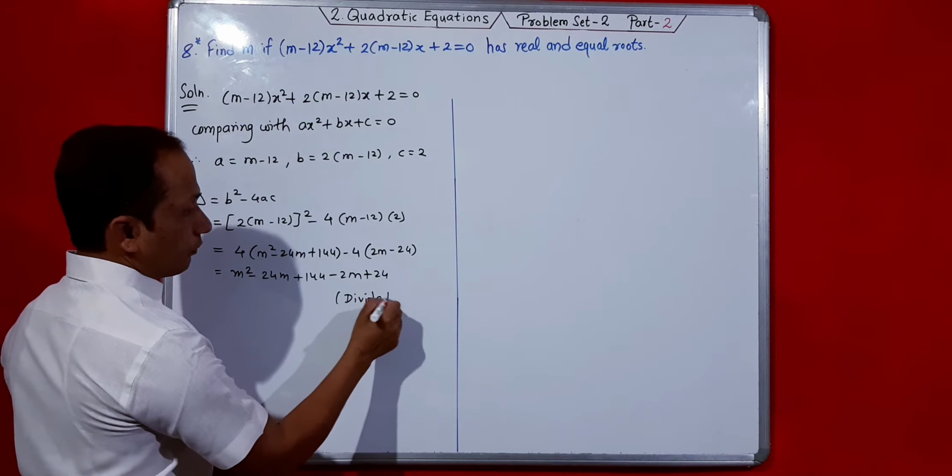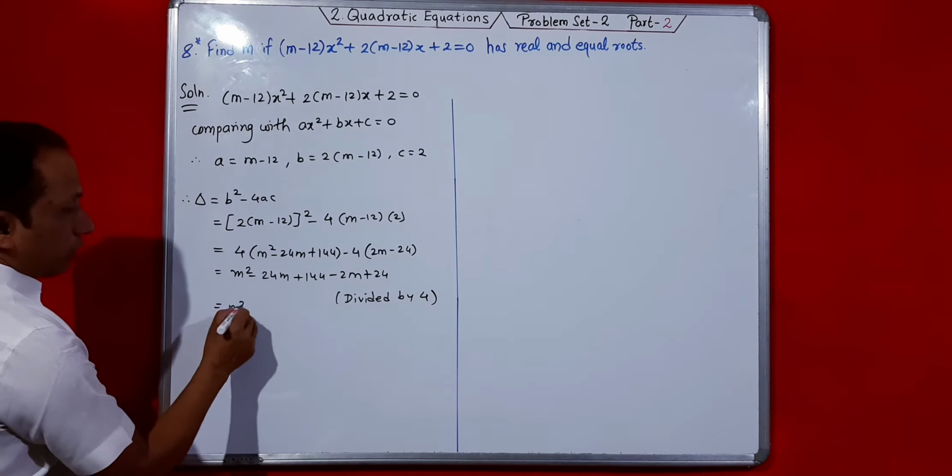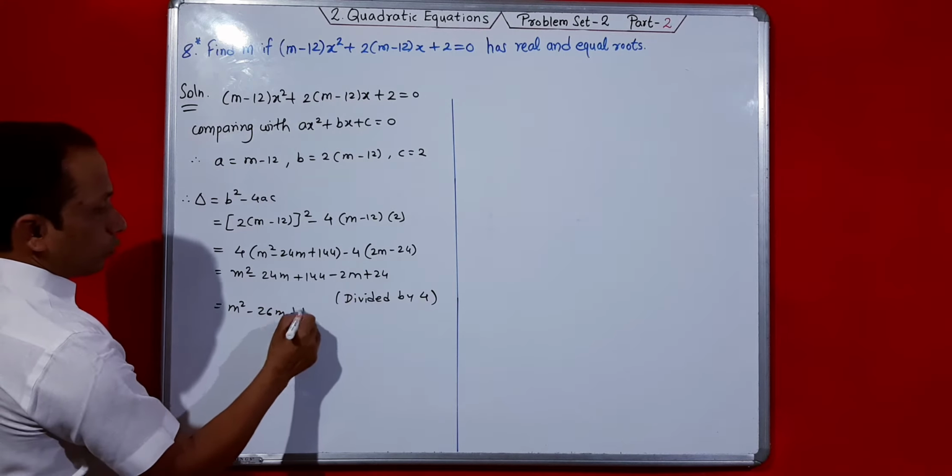Now solve this: m square minus 26m plus 168.